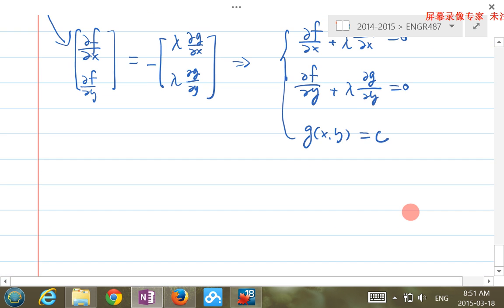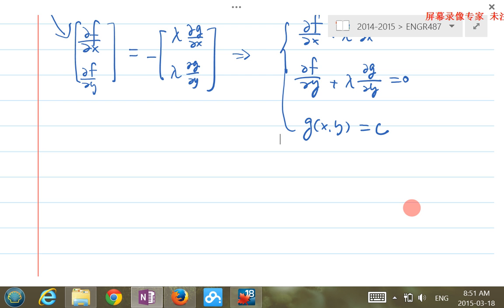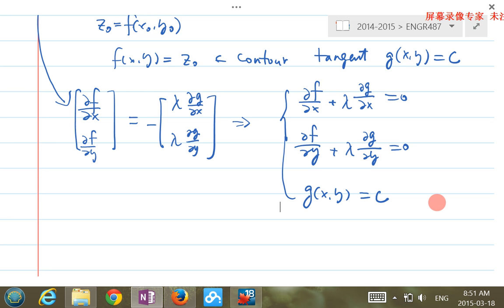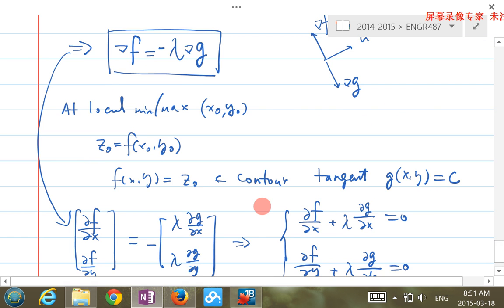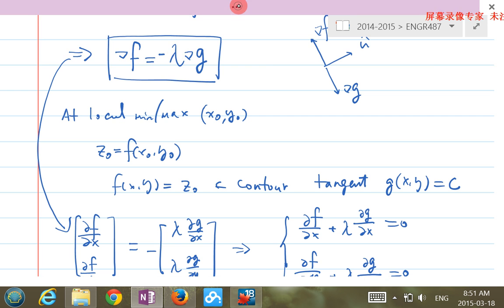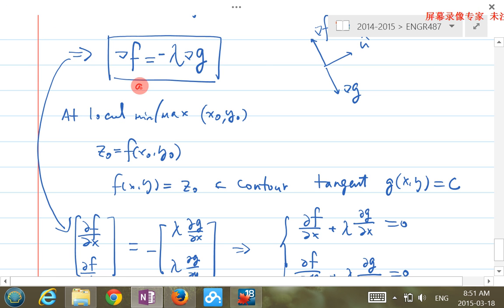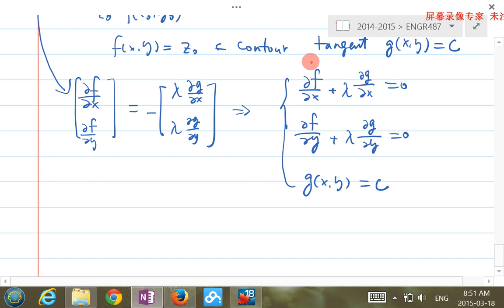Now what I wanted to do is maybe I can combine these two conditions, this condition and that constraint, into one function. So here's what we do.